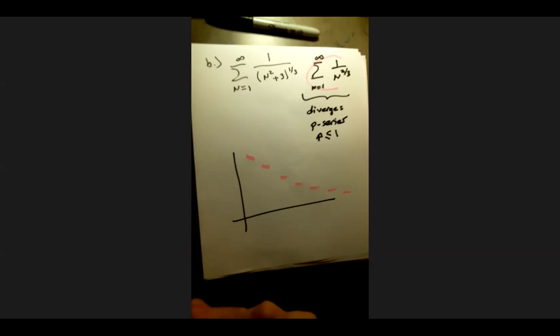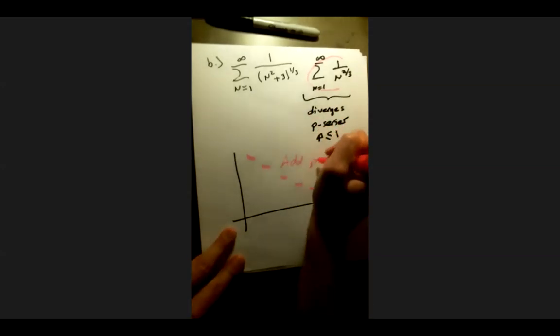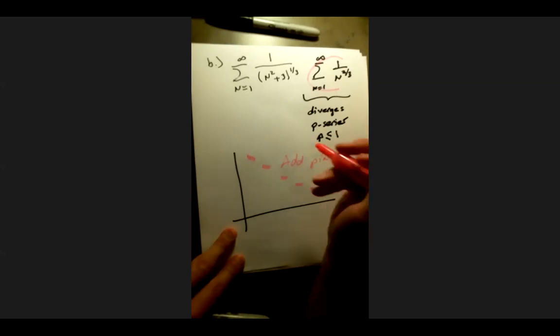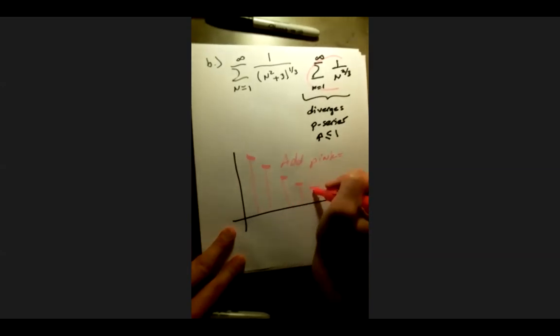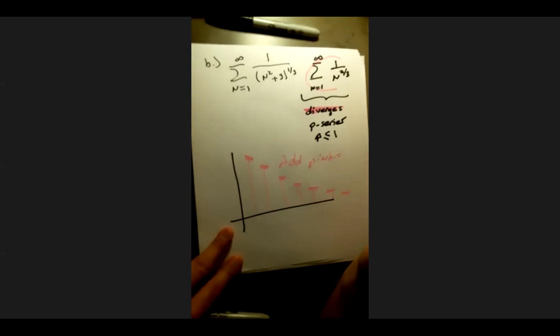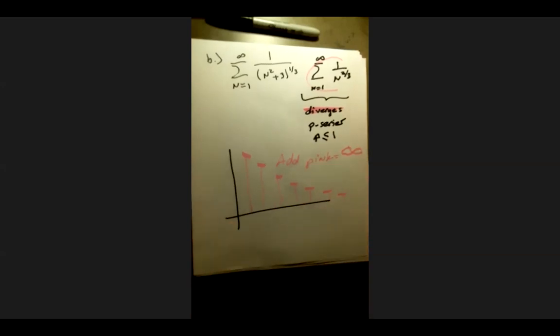These are the terms. And if you add up all those pink terms, what do you get? You add all those lengths, and since it diverges, if it diverges, wouldn't it be infinity? Exactly. So we get infinity.